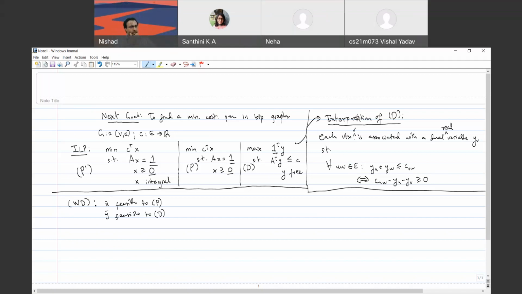So what is less than equal to what? Sum of the labels is less than equal to the cost of the, yeah, right. So the dual is a maximization problem. So 1 transpose y bar is less than equal to C transpose X bar, which is the same as saying that sum of all the labels is less than equal to C transpose X bar.